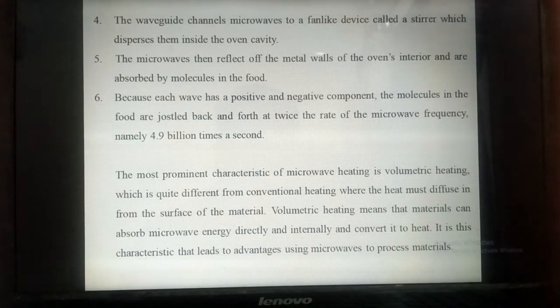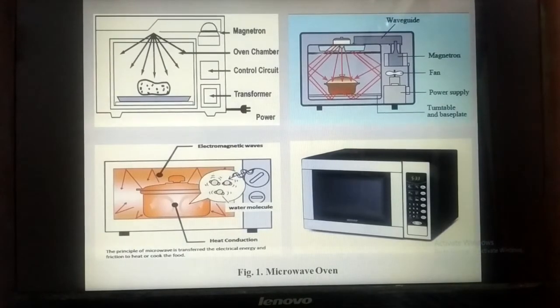The most prominent characteristic of microwave heating is volumetric heating, which is quite different from conventional heating, where the heat must diffuse in from the surface of the material. We have seen this in the last study. Here the energy is directly absorbed by the food.